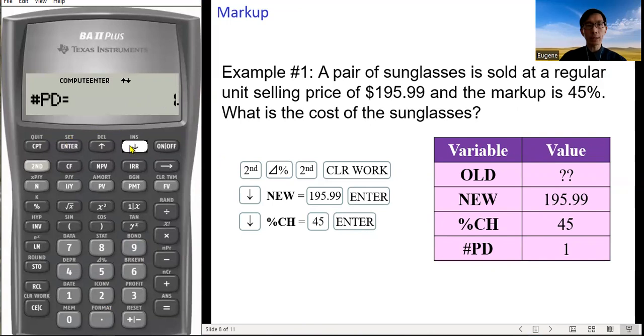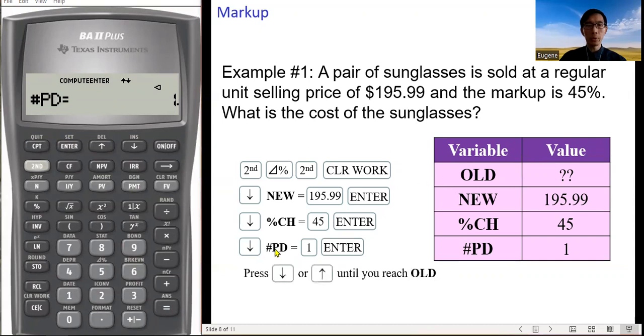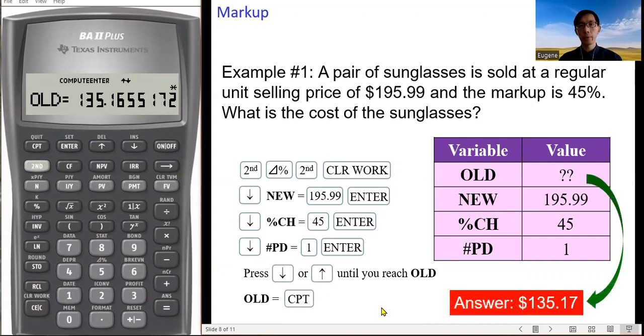Press the down arrow to get to the variable PD, enter 1, and then press the enter button. And then get back to the variable old. I press the down arrow, press the CPT button to get the cost of the sunglasses. $135.17.